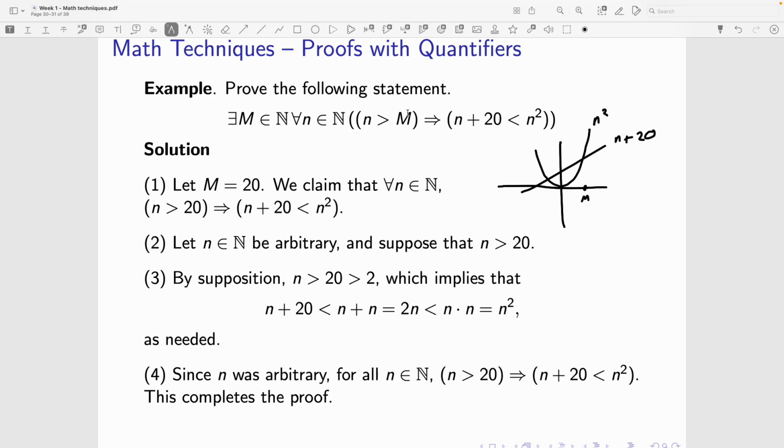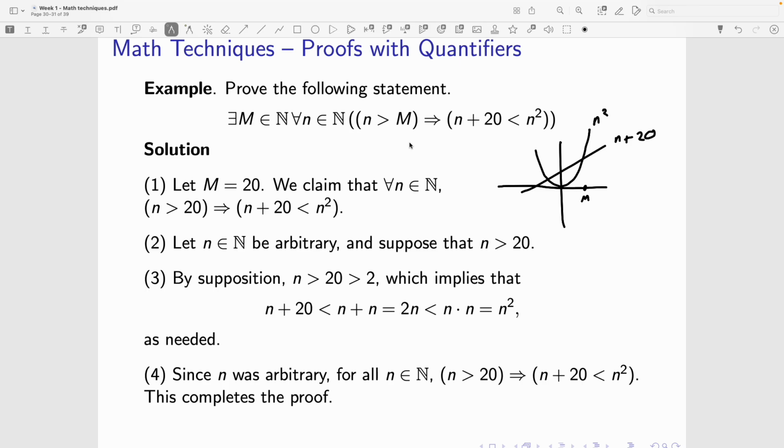But in this case, we're proving that if n is greater than m, then n plus 20 is less than n squared. And that lets us assume that n is greater than m, because proving an if-then statement always involves assuming the if. So m is 2 and n is 3, that's still true?